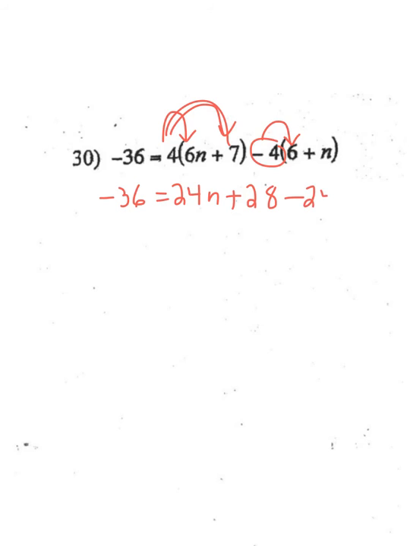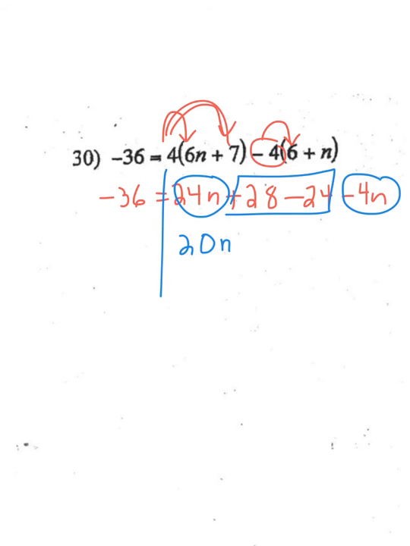Negative 24 minus 4n. Okay, so there's my equal sign right there. Combine these n's. 20n right here, if I combine those together, it's going to be plus 4 equals a negative 36.